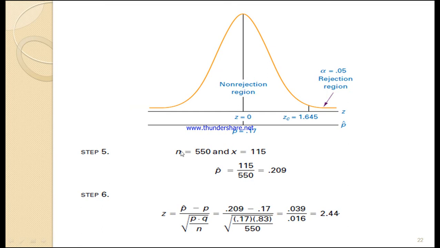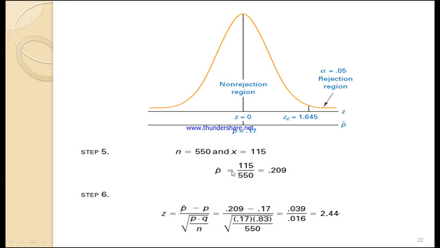The next step is gathering data and calculating some statistical values. In our case, n is 550 and x is 115, or the number of people who use milk as their primary breakfast beverage. Therefore, sample proportion is calculated by dividing x by n.